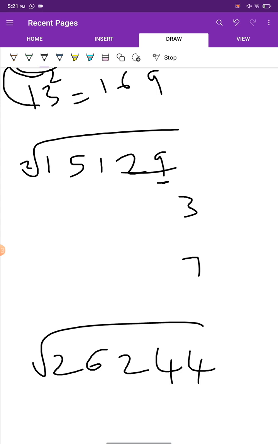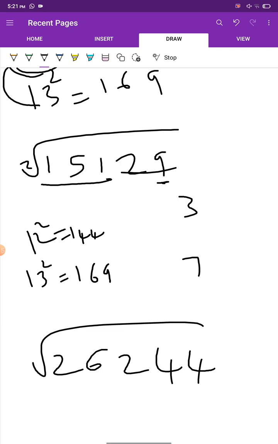I need to check between which squares 151 lies. We know that 12 square is 144 and 13 square is 169. It lies between 12 square and 13 square.